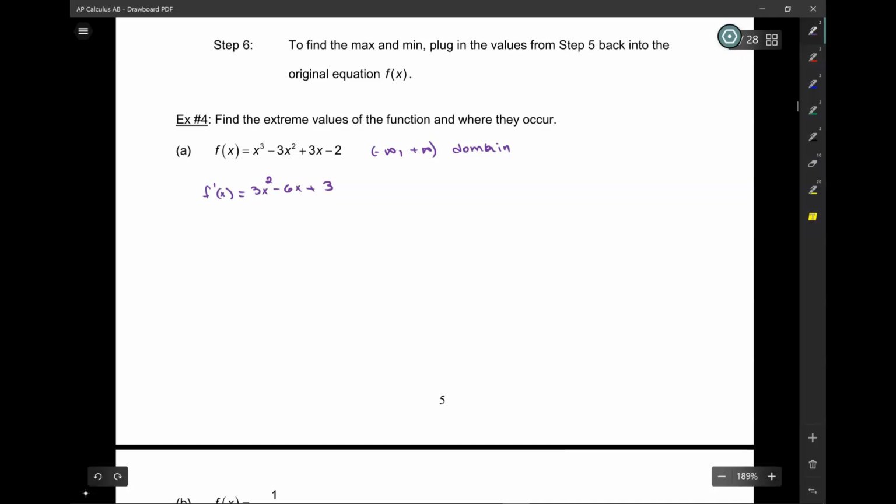To find the critical points, I have to set this equal to 0. Let's factor out a 3, so that the 3 goes away. So I have (x minus 1) squared equals 0. So x is equal to 1. That's my critical point.